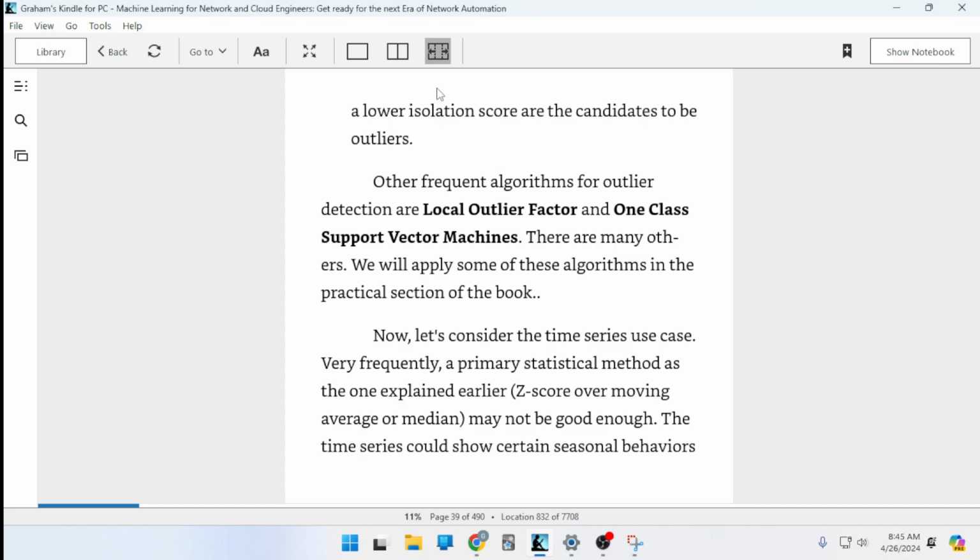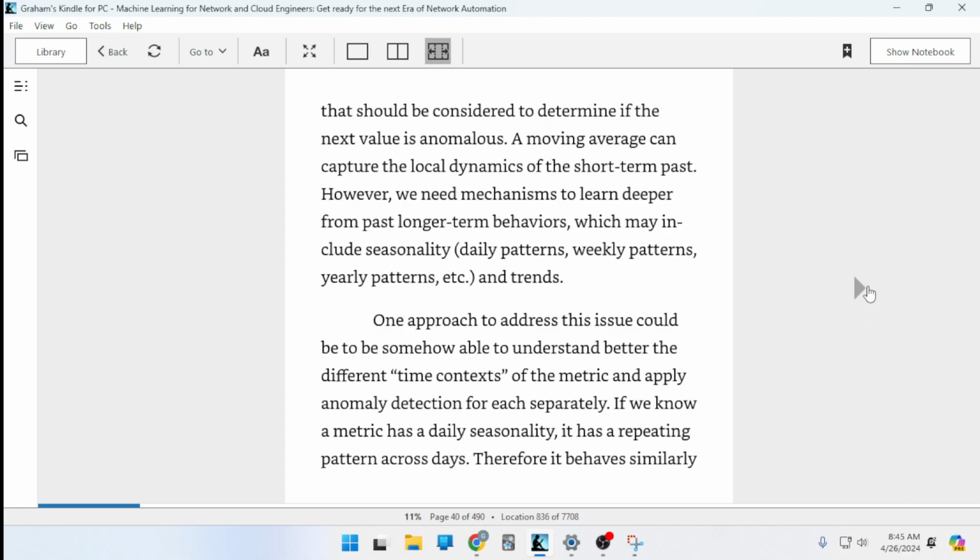Now, let's consider the time series use case. Very frequently, a primary statistical model, as the one explained earlier, z-score over moving average or median, may not be good enough. The time series could show certain seasonal behaviors that should be considered to determine if the next value is anomalous.